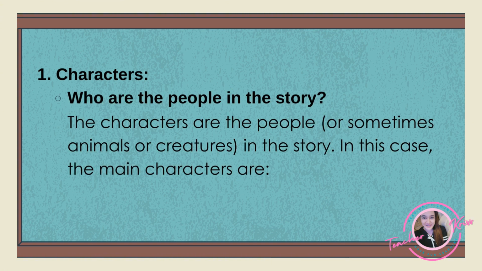So who are the people in the story? When we say characters, the characters are the people or sometimes animals or creatures in the story. In this case, the main characters are, so lagi yung tatandaan class kapag sinabi natin characters, eto yung mga tao o yung mga hayop o kung ano man ang bagay yung nandoon sa story.